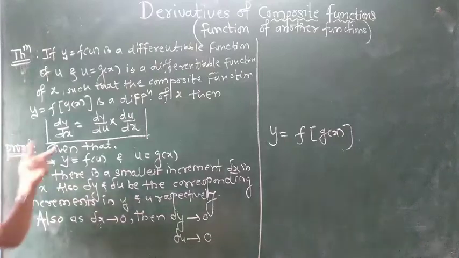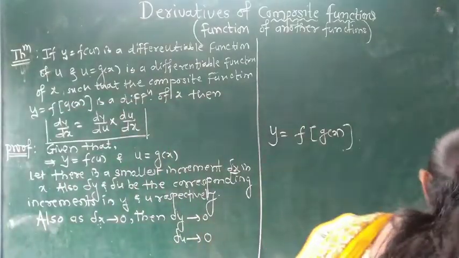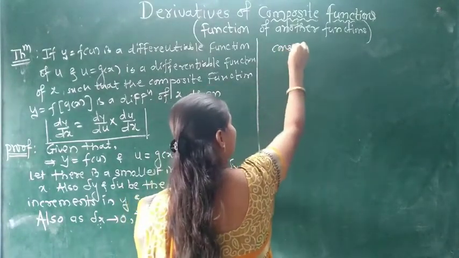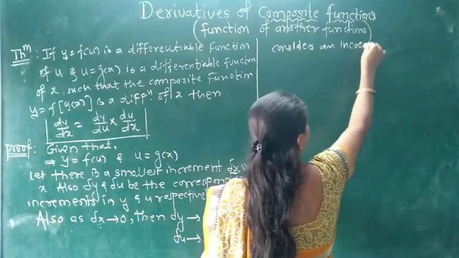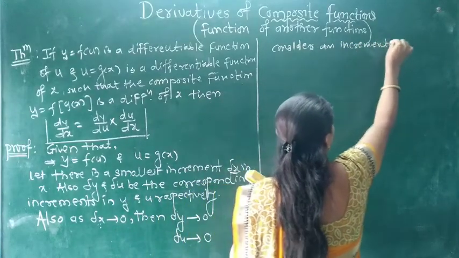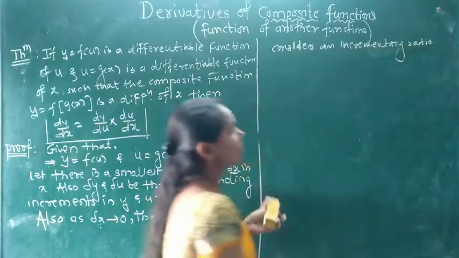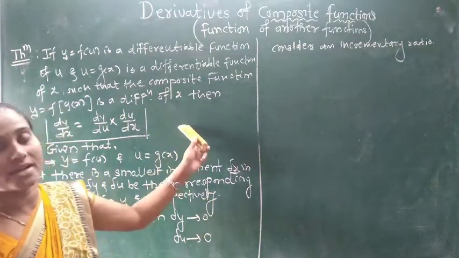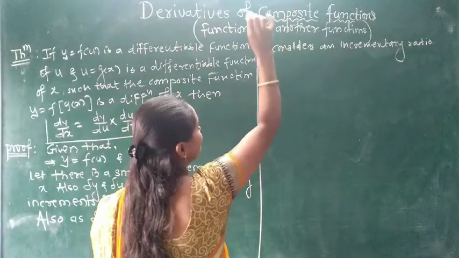Now we have to prove this theorem. So consider an incrementary ratio. This type of theorem, the rules of differentiation, sum, subtraction, multiplication and quotient, we already studied in standard 11. Now we see the composite function theorem.